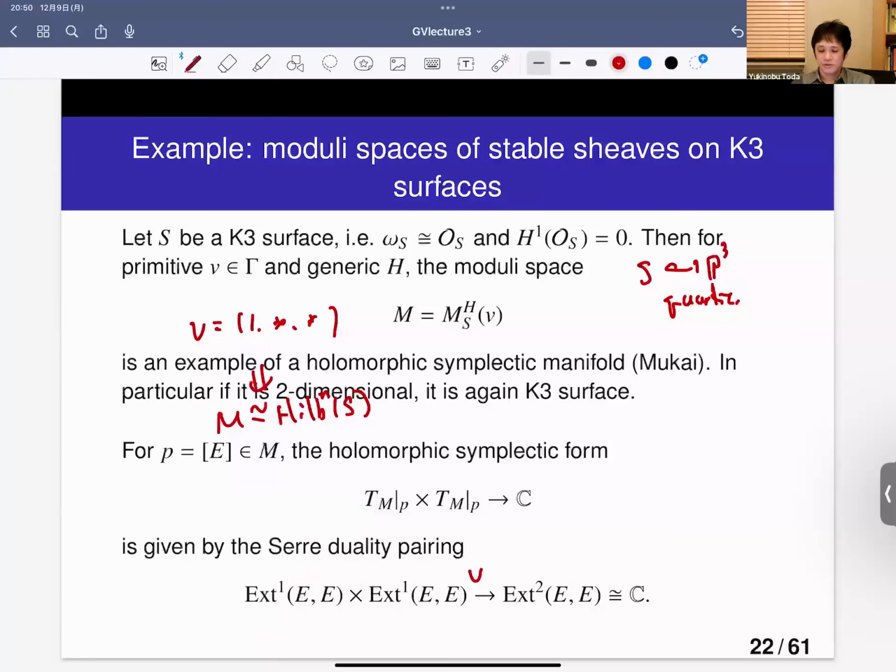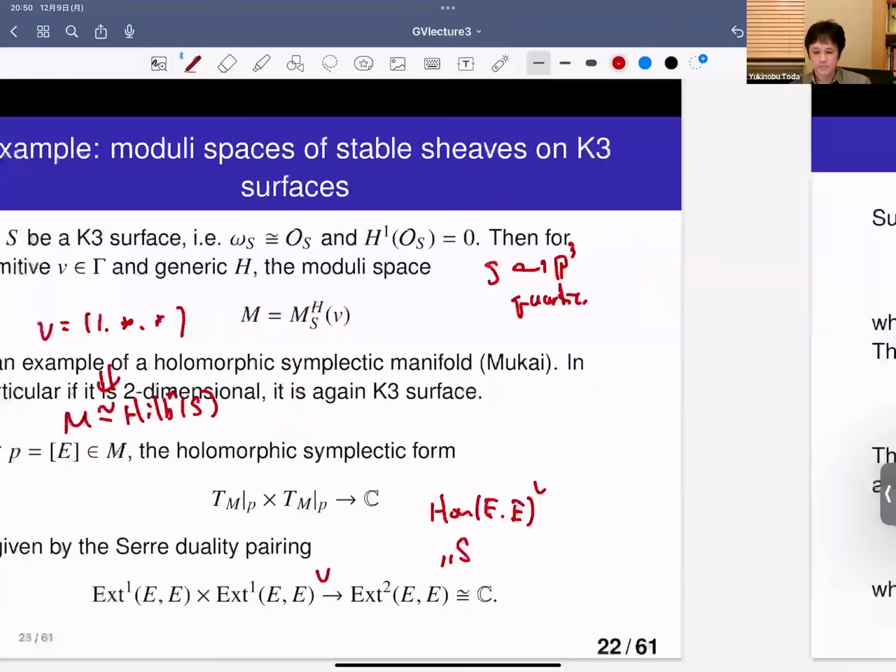But by Serre duality, Ext^2 is in fact identified with C. This is because Serre duality implies that this is isomorphic to Hom(E,E) and its dual. But if E is stable, then the Hom space is shown to be one-dimensional. So this is just one-dimensional. So I get this map, and it is shown to be a perfect pairing.